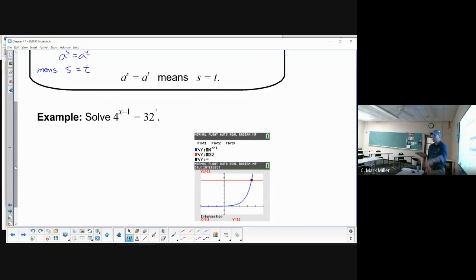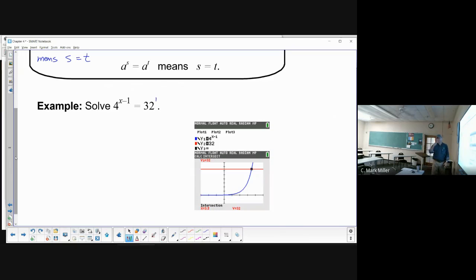It turns out you're right, it's going to be 2.5. How did you get that? Guess? No, I don't think you guessed. You're pretty good at this. Oh, 32 is half of 64. That's interesting.